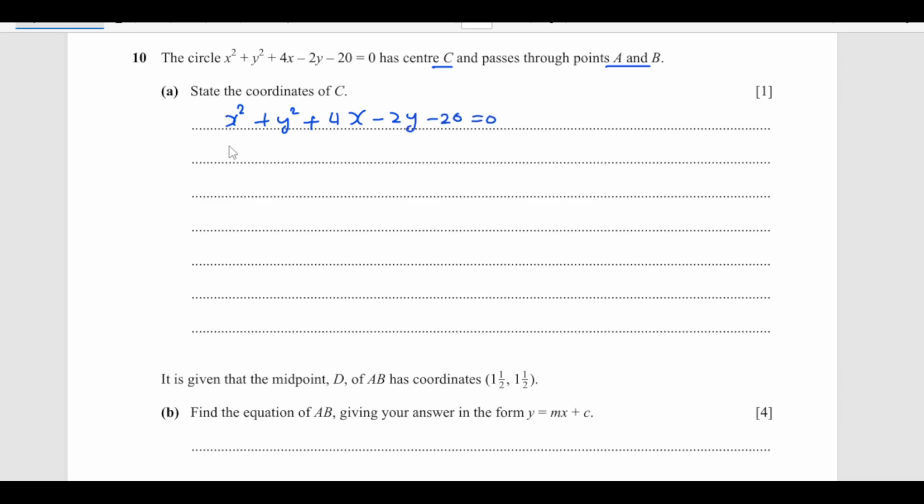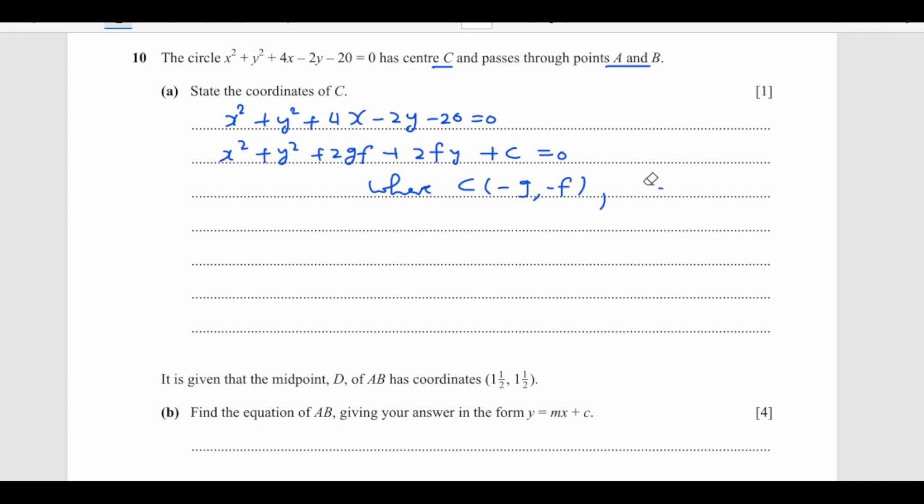So the expanded form of the circle is x squared plus y squared plus 2gx plus 2fy plus c equals 0, where, this is the formula I am telling you, minus g and minus f is the center. The radius is also given by a formula, but we are not asked for the radius here, so I am just skipping it. We are just looking for the coordinates of C, that is the center.